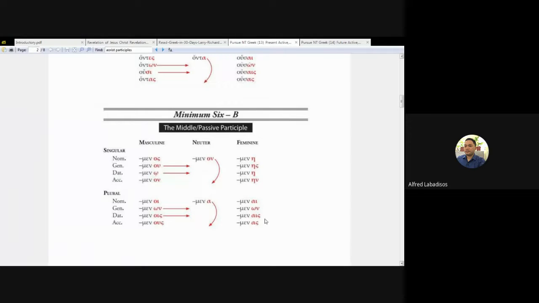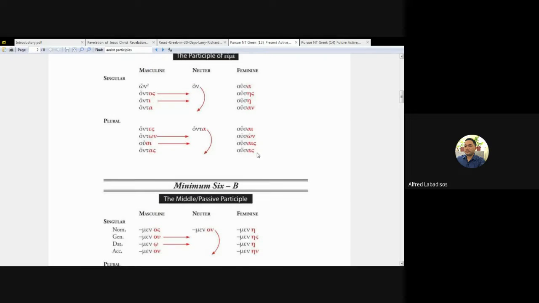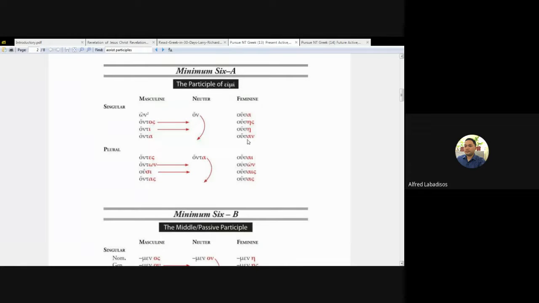So again, the endings of the middle passive participle are based on the first and second declension endings, while the endings of the active participle are based on the third declension endings.